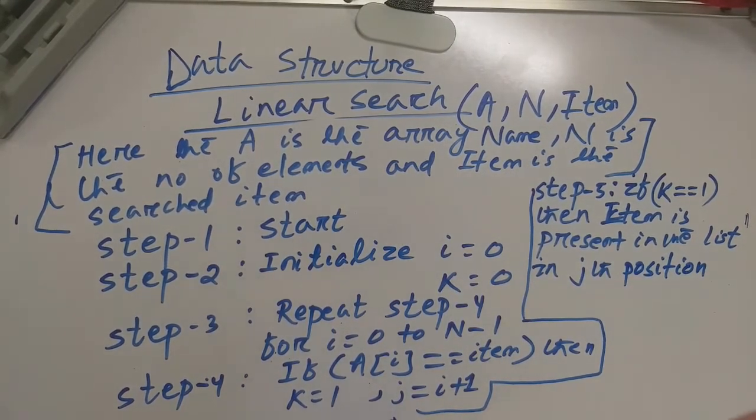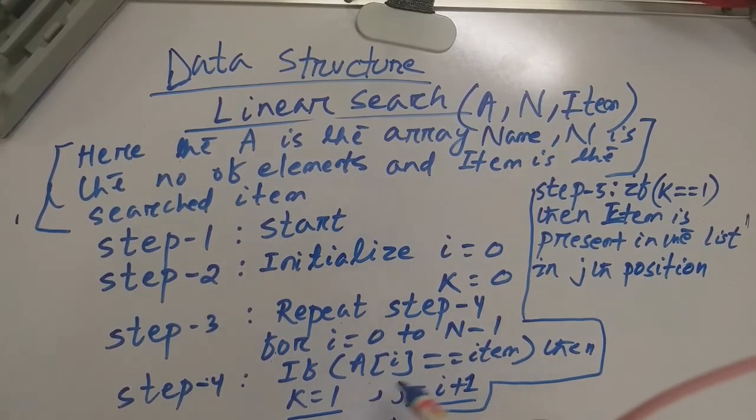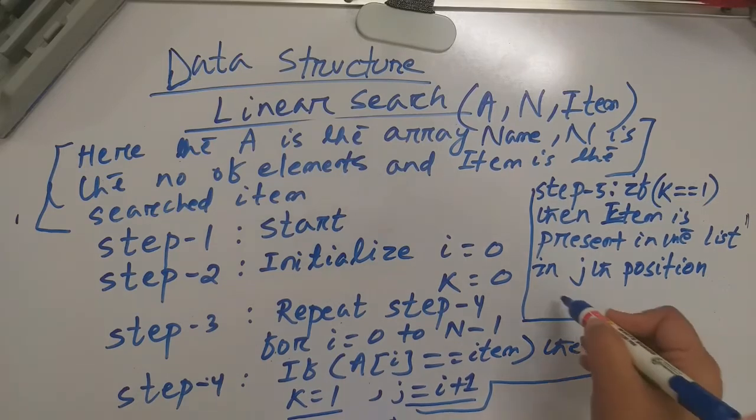So why are we writing jth position here? If we find the item, k equal to 1, that means we know the item is in the list, and in which position? I plus 1. Suppose we get I as the 4th position, so the item is present in the list in the jth position.